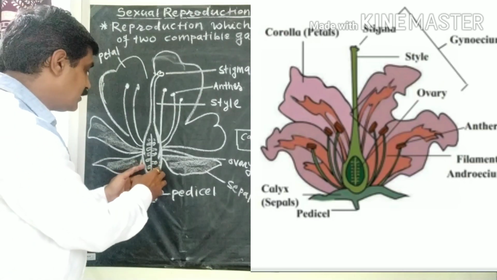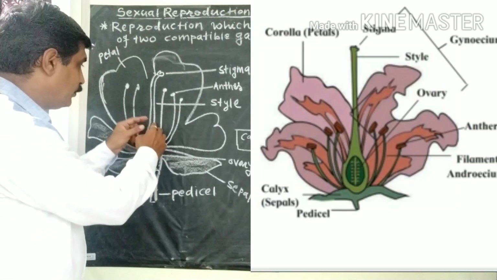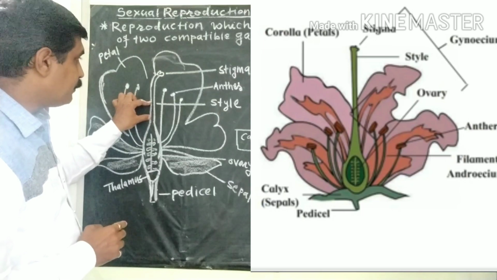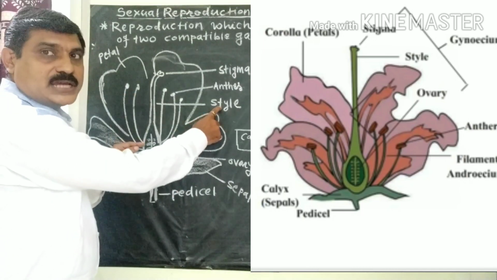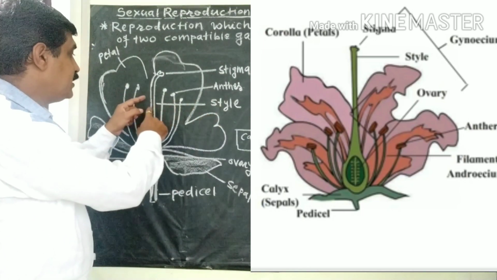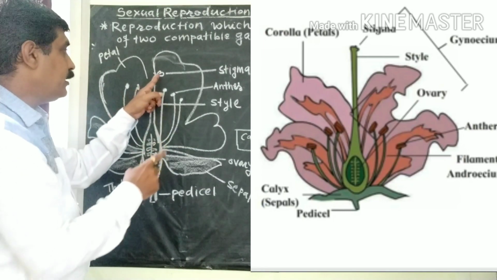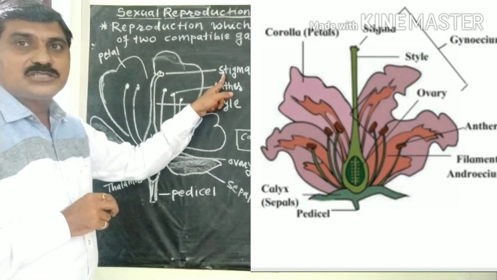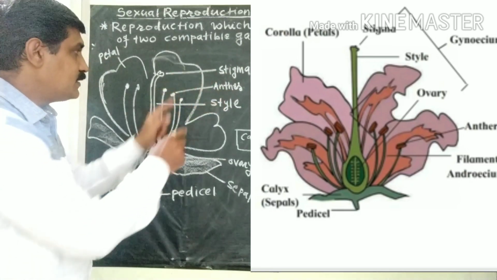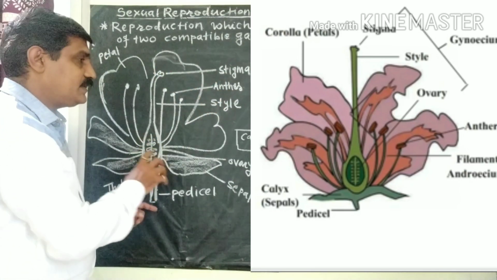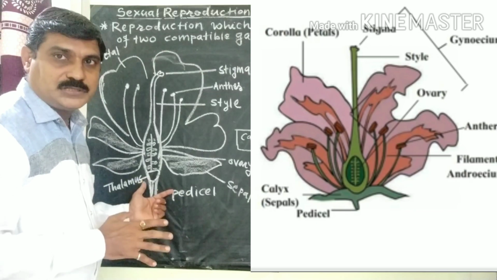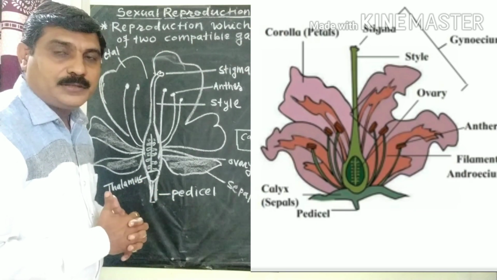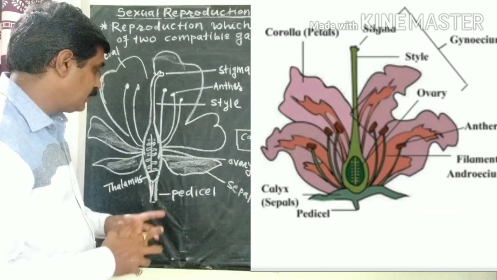This oval shaped part tapers above into a tubular elongated part, that is the style, and this elongated part ends as a bulb shaped structure, that is the stigma. This entire structure is called the carpel or pistil, which is the female reproductive part of the flower.